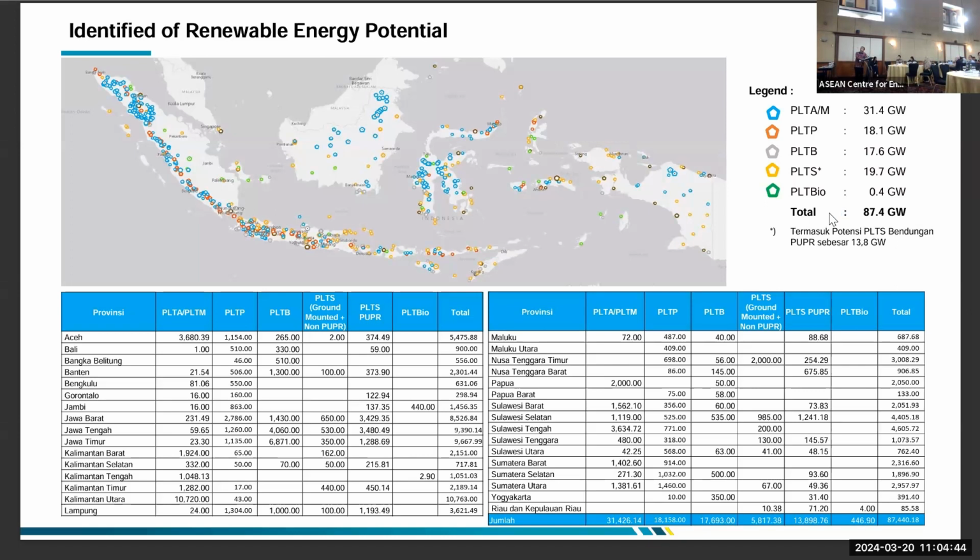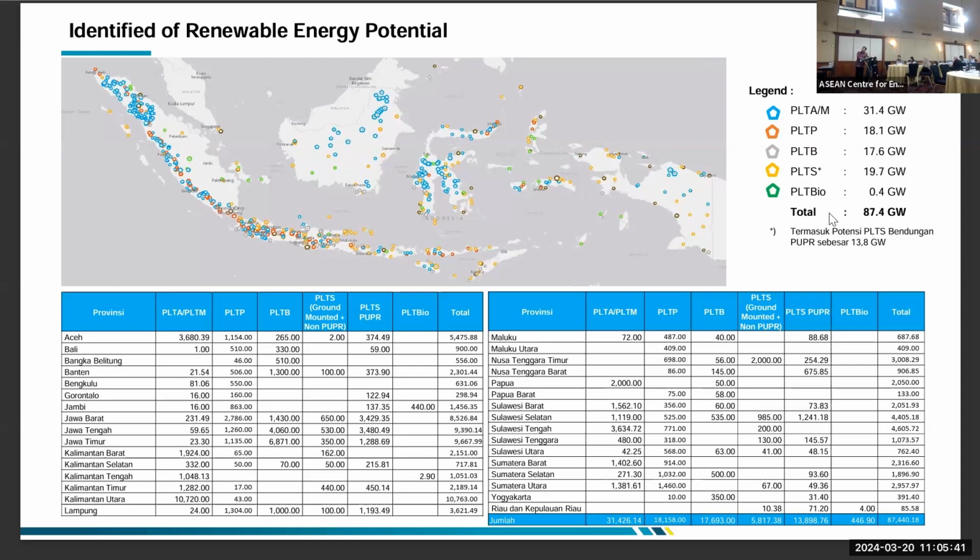The red one, PLTP, is geothermal at 18.1 gigawatts, and wind is also good, at more than 17 gigawatts. For PLTS, solar power, we only calculate the projects already in the pipeline in our RUPTL, the Indonesia Master Electricity Planning, and the potential for floating solar PV in the Ministry of Public Works reservoirs alone reaches more than 13 gigawatts for a solar farm.